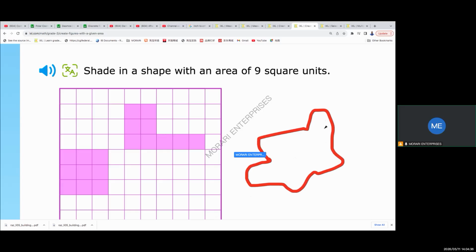And how do we find the space or the area inside here? We can use bigger squares like this and even smaller squares. For example, I can say maybe this will contain 13 centimeter squares, since the centimeter squares are bigger. And then for the smaller edges like this, I use millimeters, and then 16 millimeter squares.